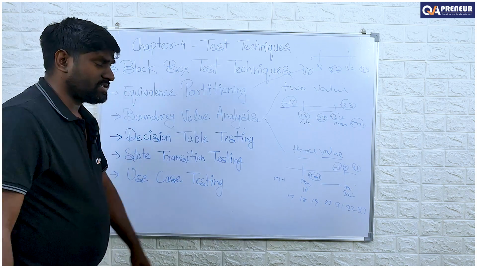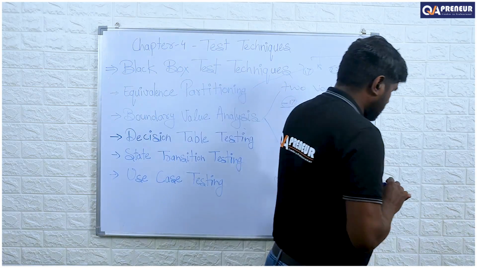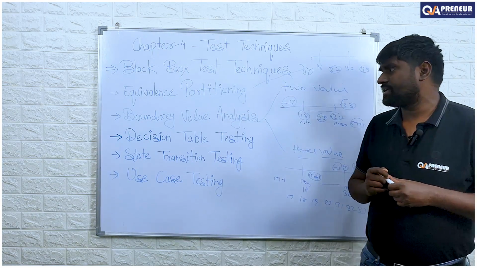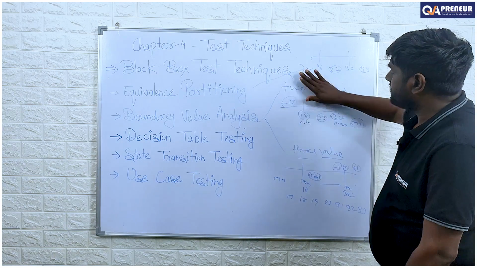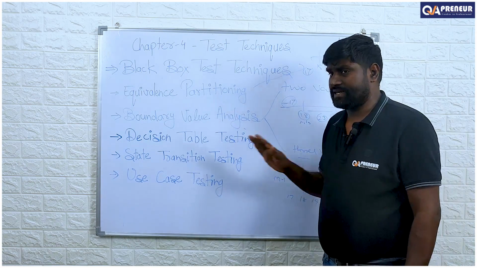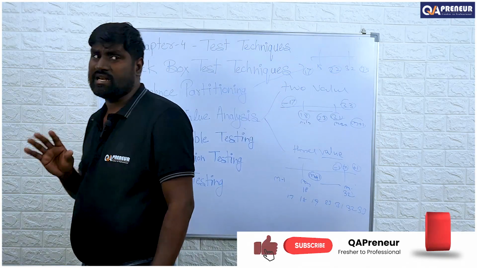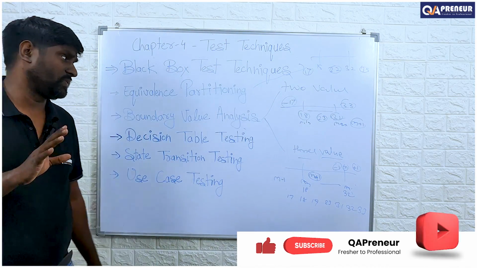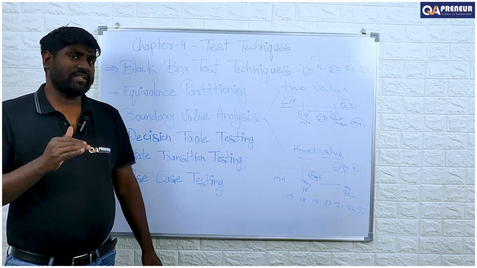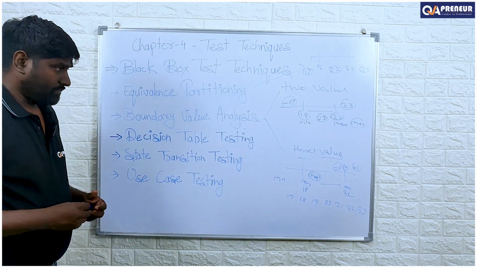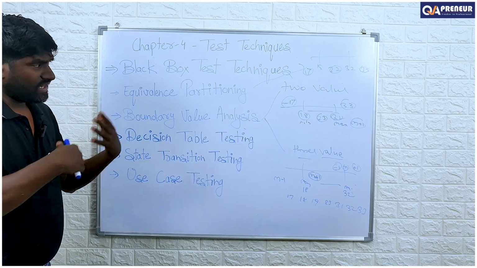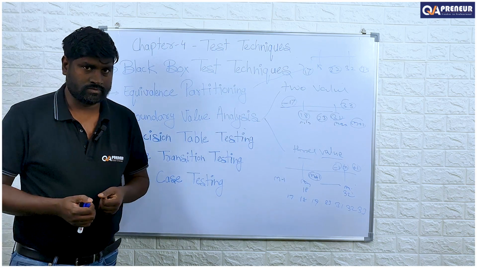Now we are coming to decision table testing. Let's say in this example the minimum age limit is 18 and the maximum is 32. But there are certain conditions and criteria applied.